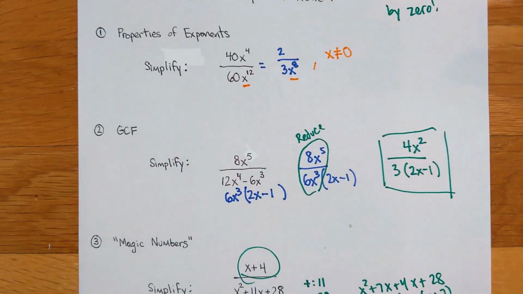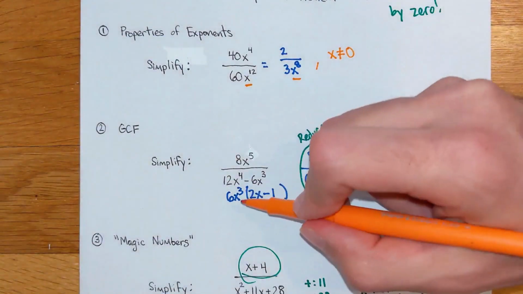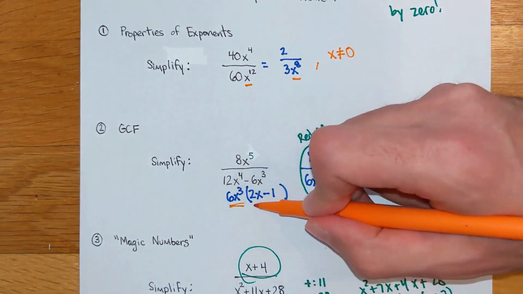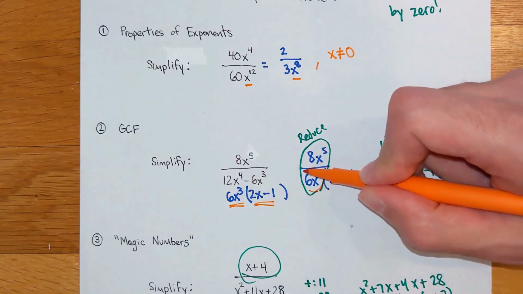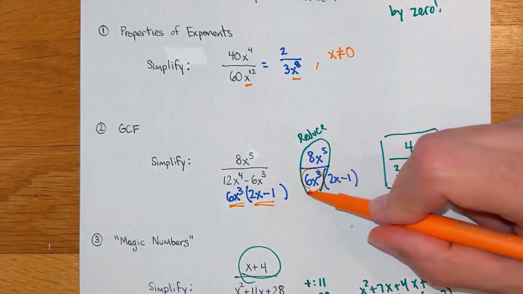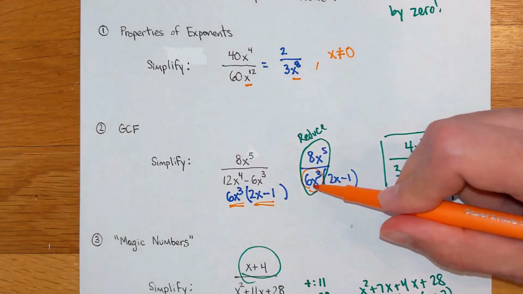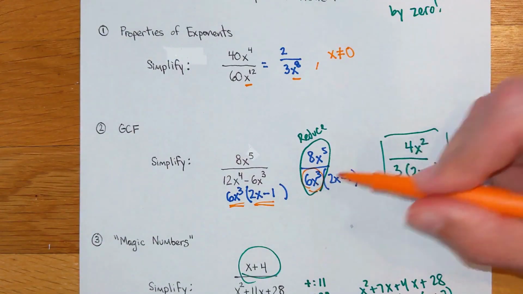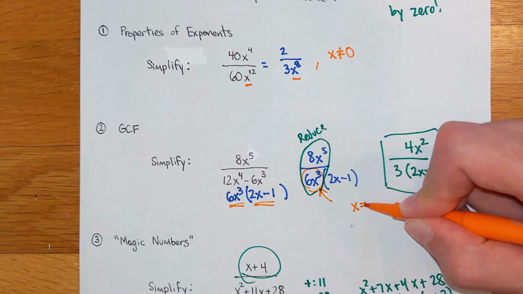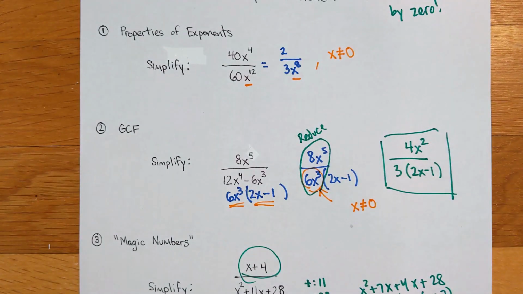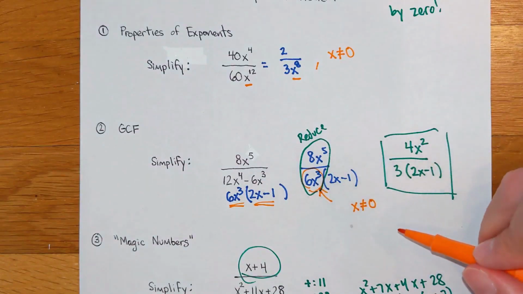If you go on to the second problem here, again, I have to look everywhere I see variables on the bottom. So I've got this guy and I've got this guy right here. Even though this part ended up reducing away and there's no more x anymore, there's just a 3 after it reduces, I still have to make sure because of that part right there that x does not equal 0. So I have x can't equal 0 because of that.